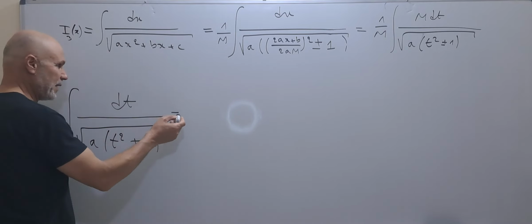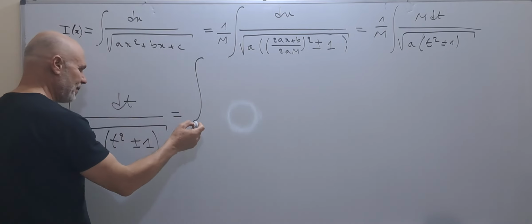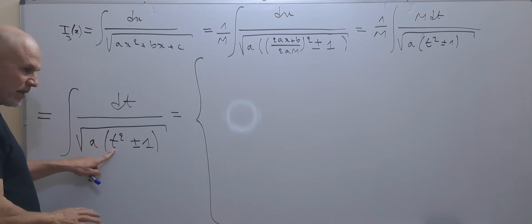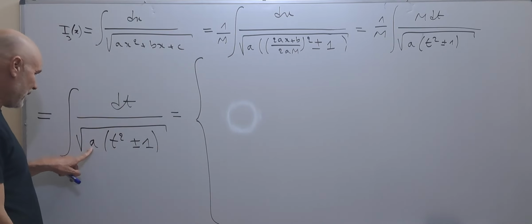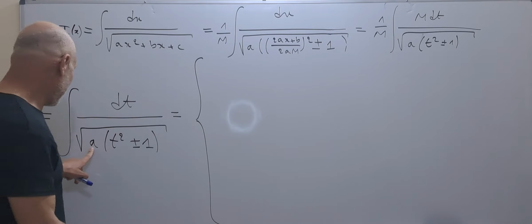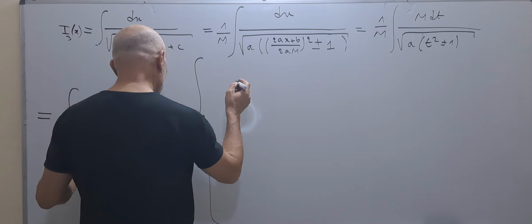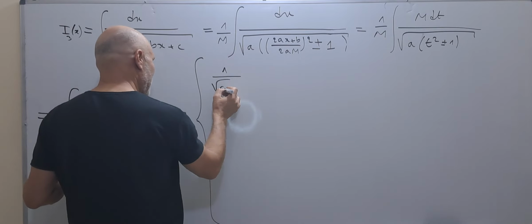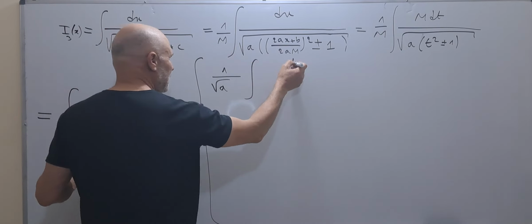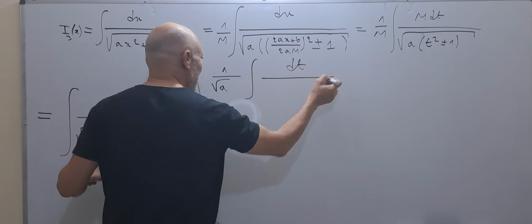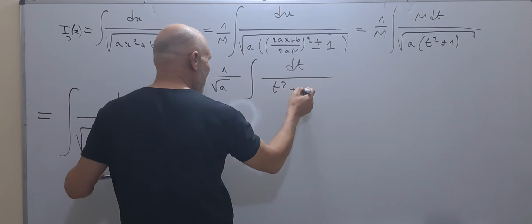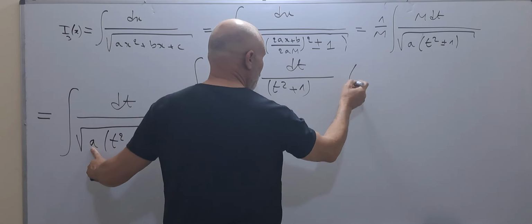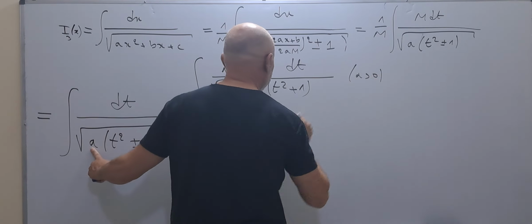Here we have these cases. t squared plus 1 is always positive. So if a is positive, we have the first case. If a is positive, this is equal to 1 over the square root of a, the integral dt over the square root of t squared plus 1. We have this first case with a positive, for sure a positive.